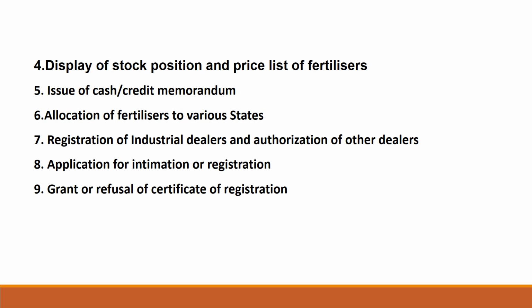Registration of industrial dealers, and application for intimation of registration. If a new product is formed and they are applying for registration, and they don't find the product appropriate, they can grant or refuse the certificate of the company.